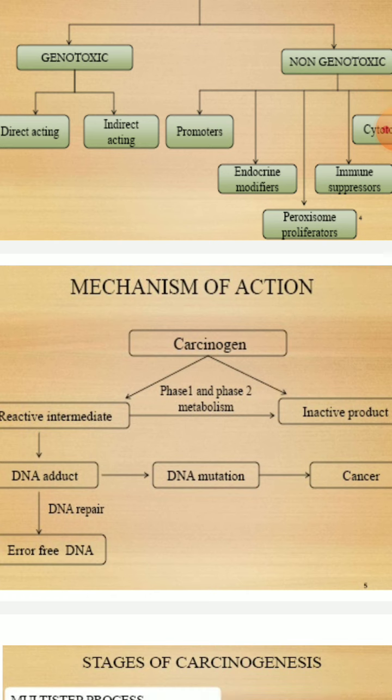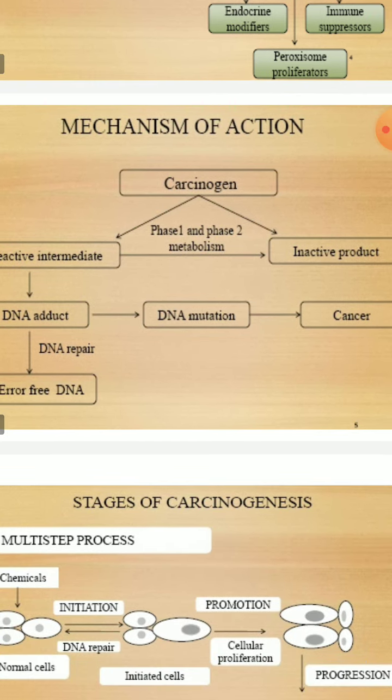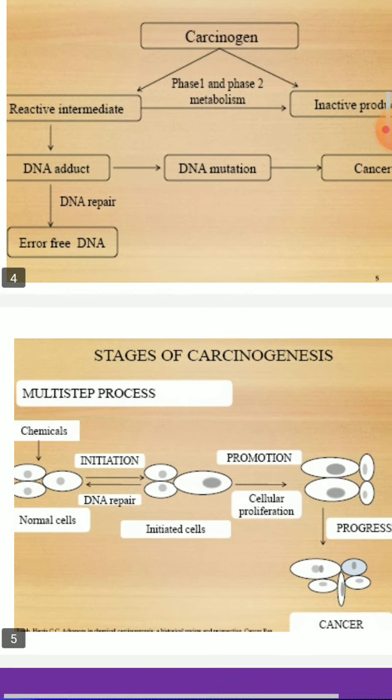The DNA adduct can also result in mutation, a modification at the gene level, through point mutations or frameshift mutations, which we discussed in the last class, and this further leads to cancer. This is the mechanism for any kind of carcinogen which causes cancer. Now let us see the stages of carcinogenesis.